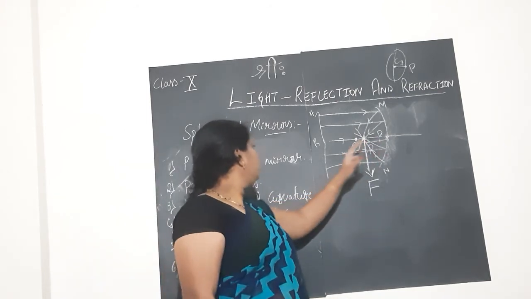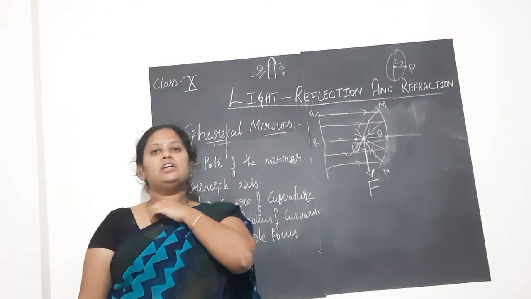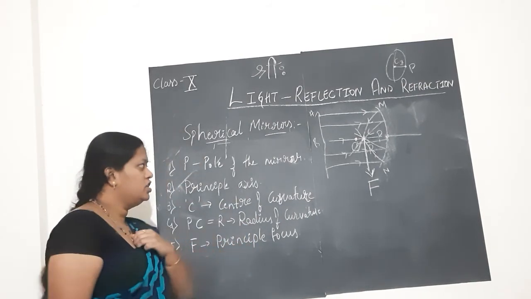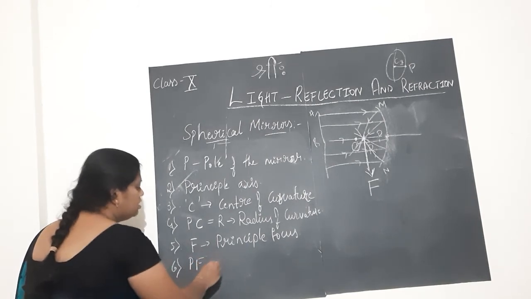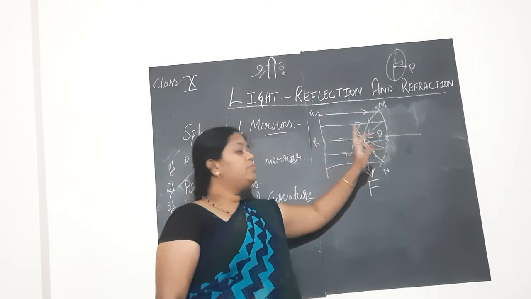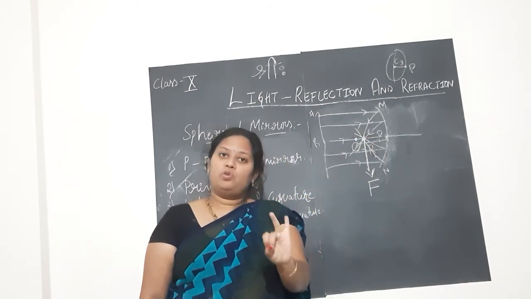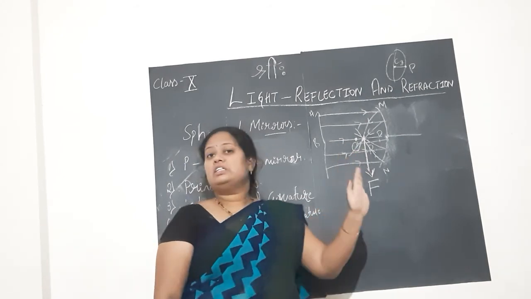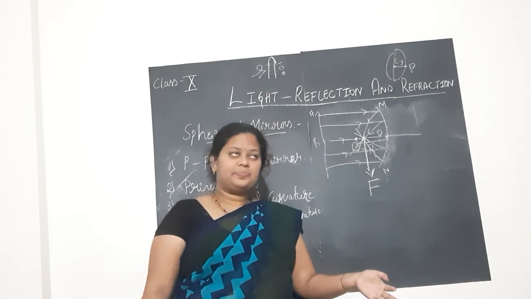Now we already know that the distance from pole to center of curvature is called R, the radius of curvature. Similarly, the distance from pole, the center of the mirror, to the principal focus. Please keep in mind, don't get confused between center of curvature and pole of the mirror. Center of curvature is not part of the mirror, but it is part of the sphere.